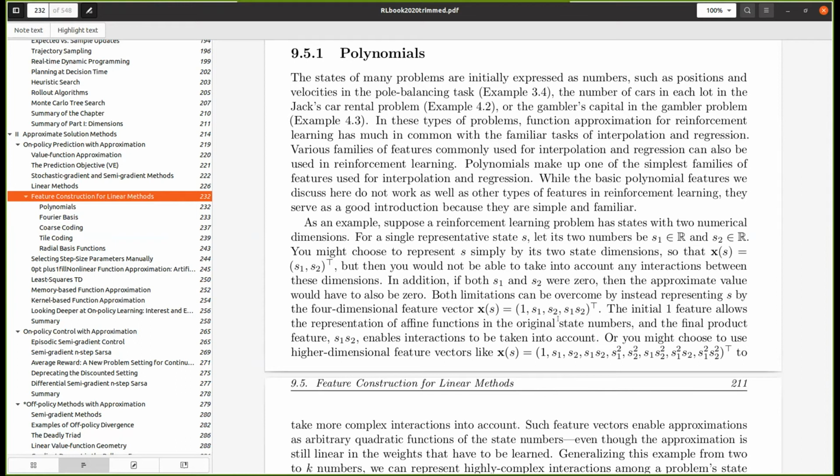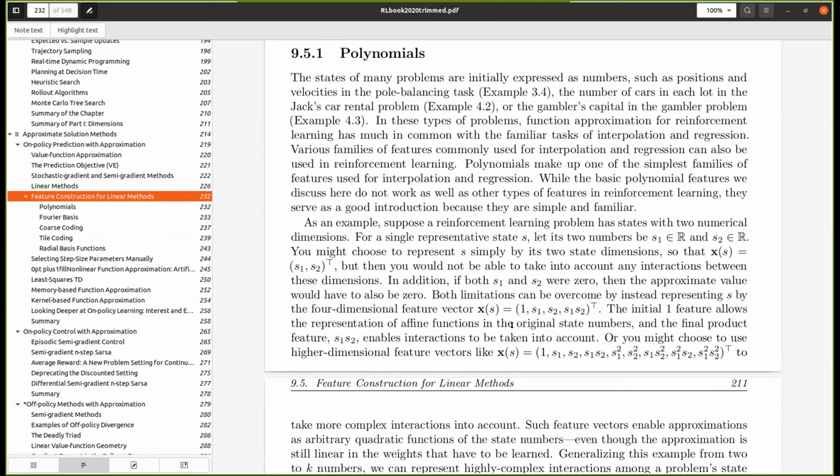And notice that in this book, they use a slightly different definition of polynomial features compared to the generally accepted one, where the polynomial of degree 1 will only consider interactions up to degree 1. You can see that this last term here is a second degree interaction, but here they chose it to be for the polynomial of degree 1.